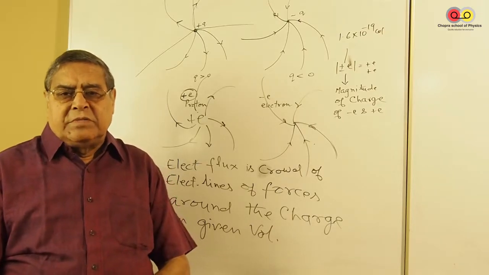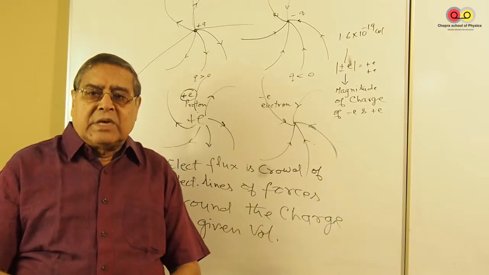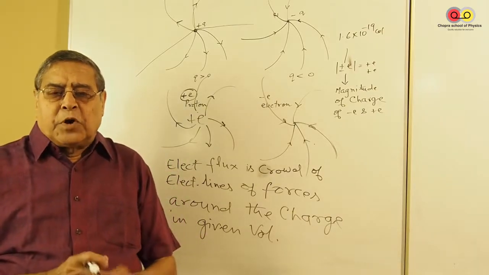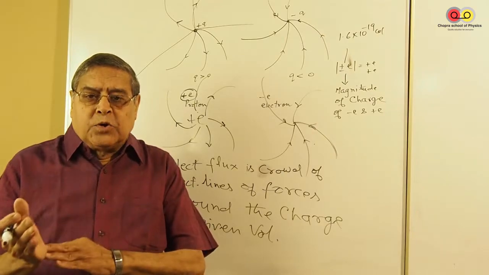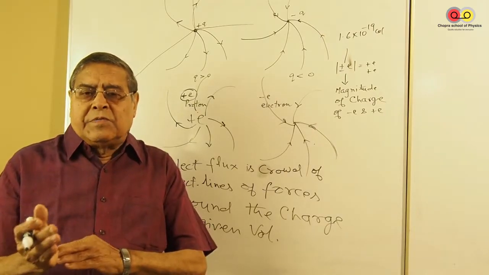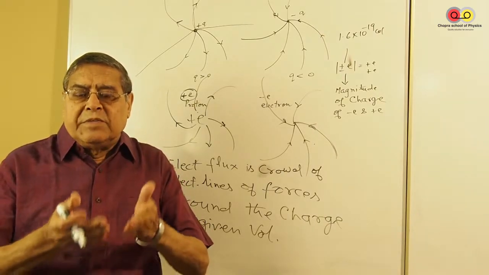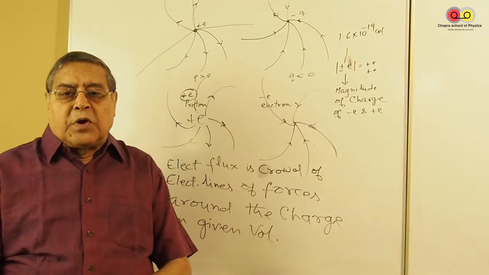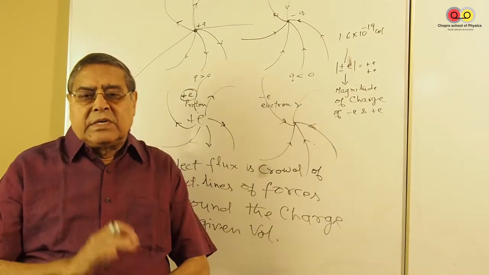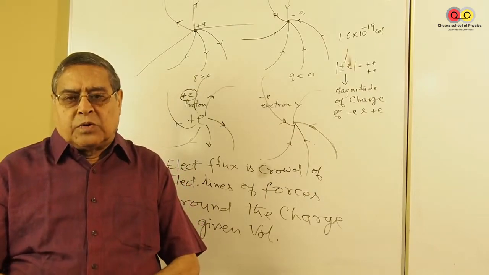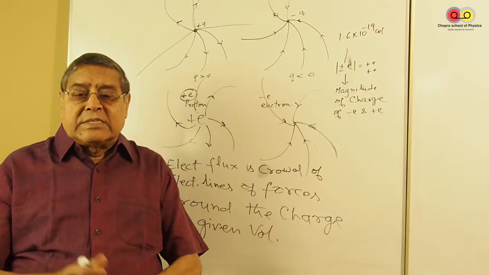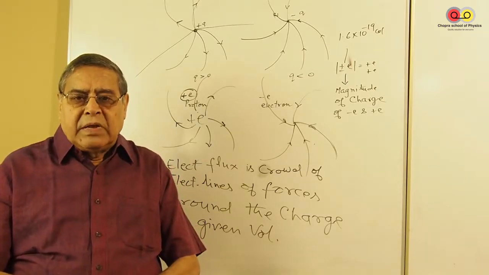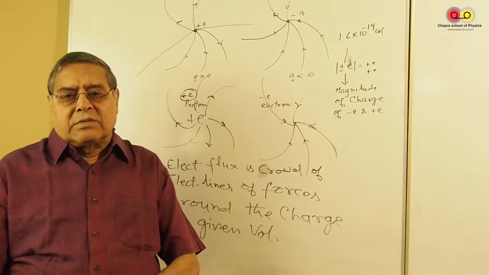In this situation we say that the atom is ionized. Now, whenever a body loses electrons, we will find its positivity goes on increasing. So all positively charged bodies are those which are deficient of electrons. And if there is excess of electrons on the body, it will be negatively charged.